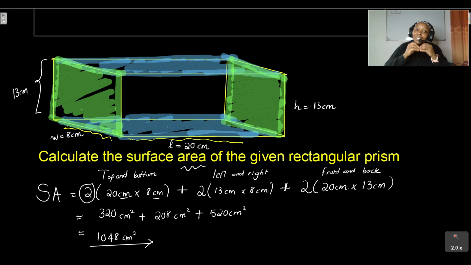But if you understand what it means when you're calculating surface area, and given that the lid of the shoebox is not there, then you'll know that you're just going to be adding up the area of the left and the right face, the area of the front and the back face, and just the area of the bottom face, because the top face is not there.